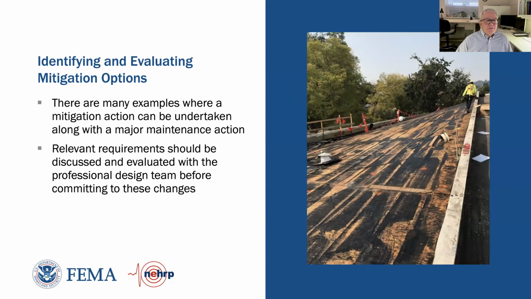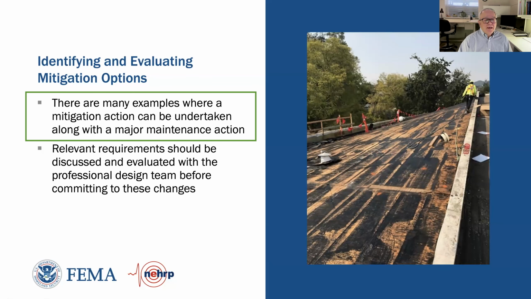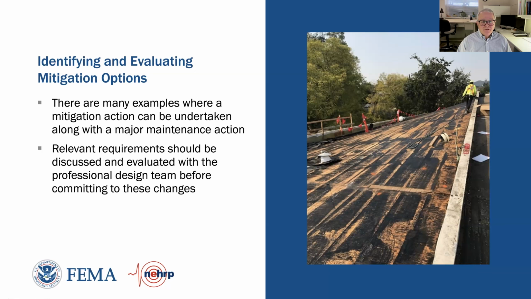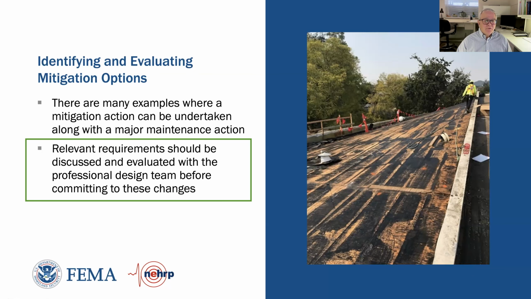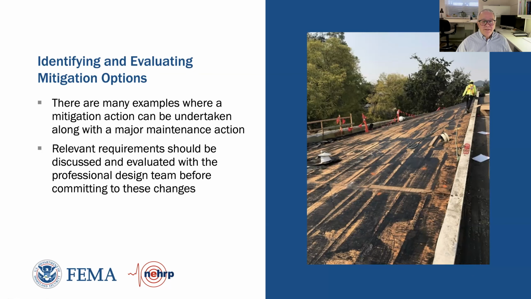Also, there are many examples where mitigation could be taken alongside a major maintenance action. For instance, re-roofing a building is an excellent time to do some seismic rehabilitation or roofing rehabilitation to make it more resilient to natural hazards. Relevant requirements should be discussed and evaluated with the design professional before committing to these changes.